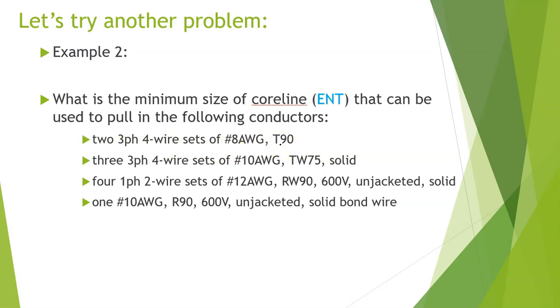What you have to be very diligent about is not thinking that you've got two number 8 conductors, because that's incorrect. You've got two sets, and those sets are each a 3-phase 4-wire set.